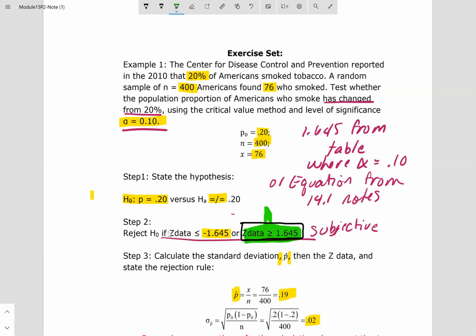So our rejection set is that our Z data is less than or equal to negative 1.645, or greater than or equal to positive 1.645. We stated our null hypothesis that the proportion is 0.2, and our alternative hypothesis is that it is not equal to 0.2.